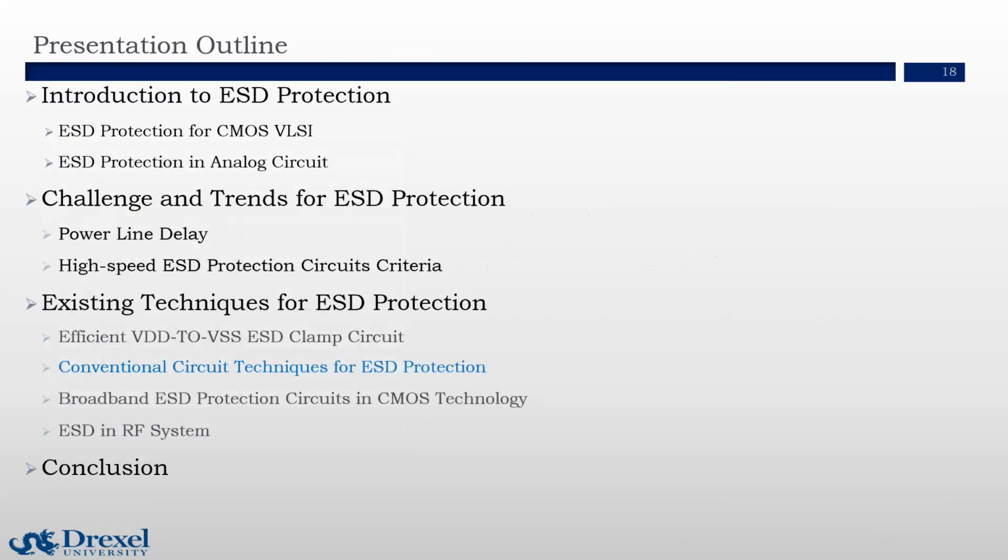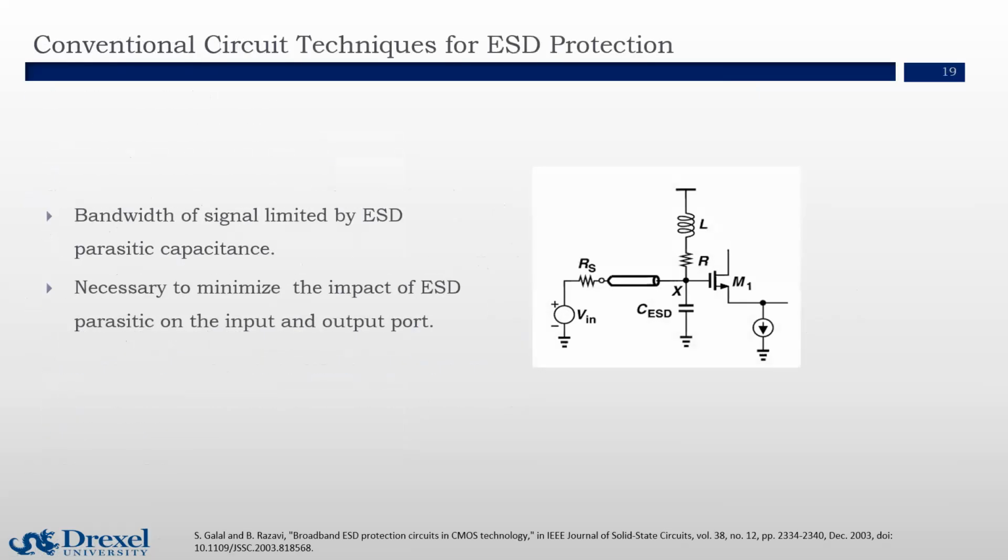Now let's take a look at the conventional circuit technology for ESD protection in the analog domain. This is a typical example of an analog RC model. The CESD represents the parasitic introduced by the ESD clamp device.